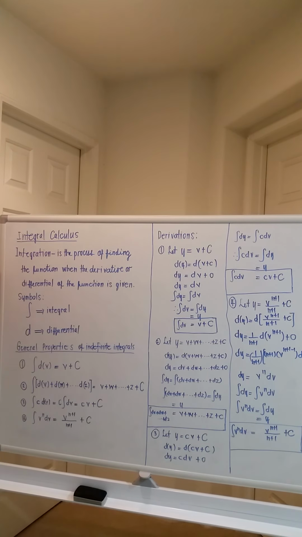Number three. The integral of a constant times the differential of any function b is equal to c, the small c, times the integral of the differential of b. And if we try to integrate this one, it will be equal to c times what's the integral of differential of b? You go back to equation number one.